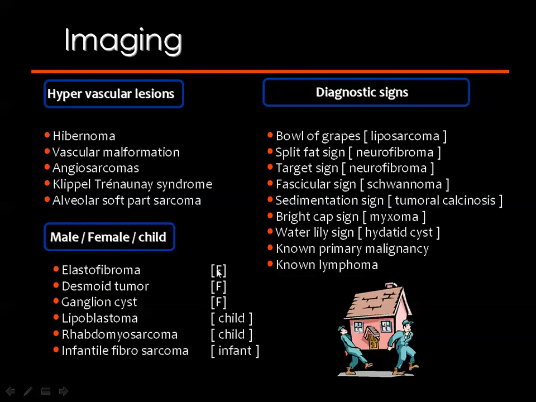Then lesions which are characteristic of male or female or child. Elastofibroma is particularly seen in females, desmoid tumors in females, ganglion cysts in females, lipoblastoma in a child, rhabdomyosarcoma in a child, infantile fibrosarcoma in an infant.